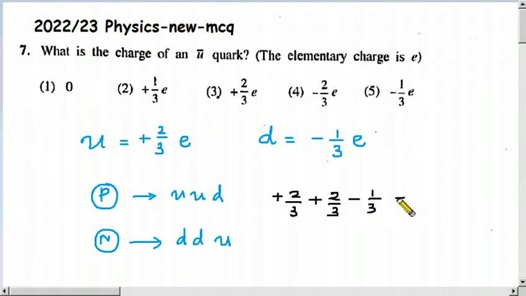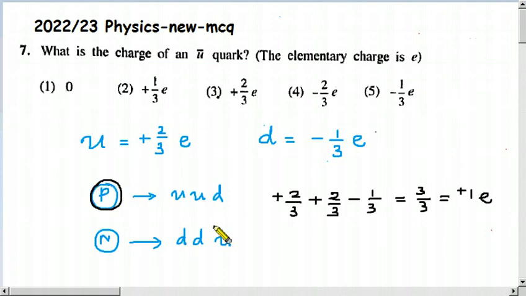When we simplify, 2/3 plus 2/3 is 4/3, then minus 1/3 is 3/3. 3/3 means 1, positive 1 times the charge of an electron. That is how we calculate the charge of a proton.